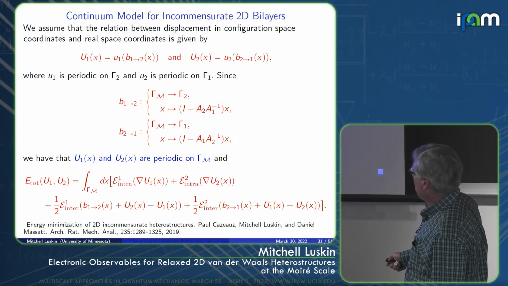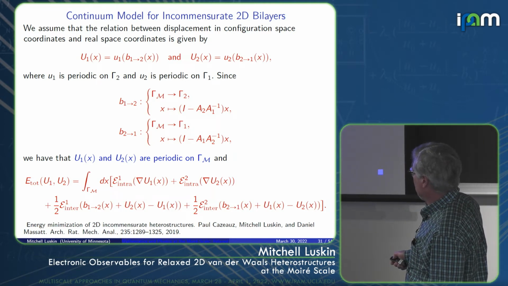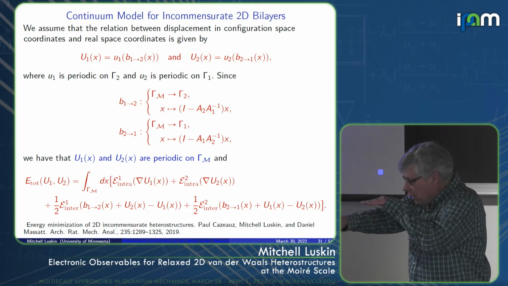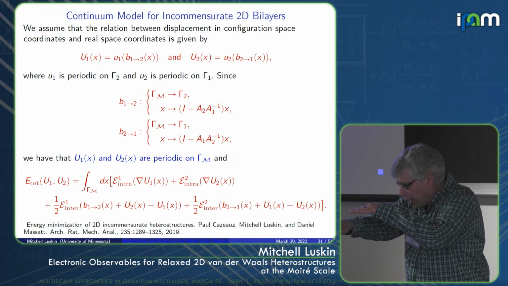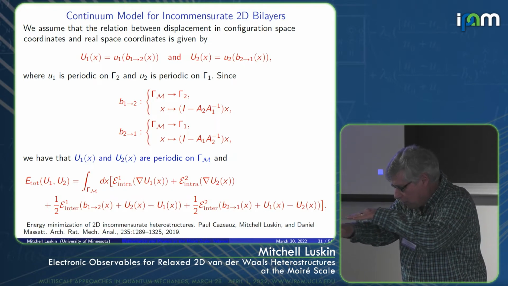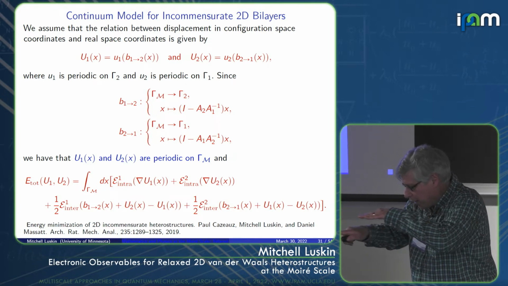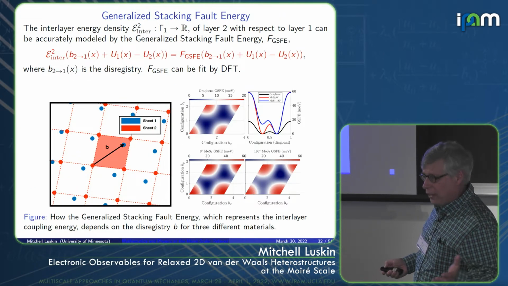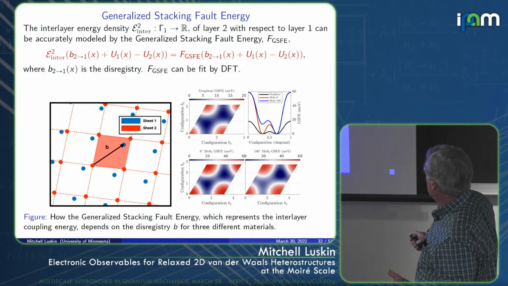And then the more complicated stuff is the interlayer, and the interlayer is the energy of one layer depending on how it's situated above the other, and that's something you can do with a small DFT computation.